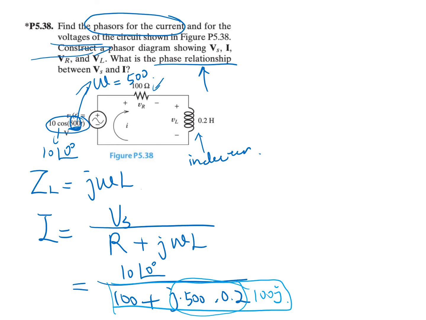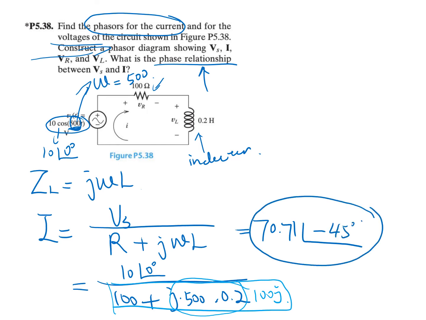Then it'll be very easy to calculate the current I. So we can find that I is equal to 70.71 at an angle of negative 45 degrees. So we have found the current I.